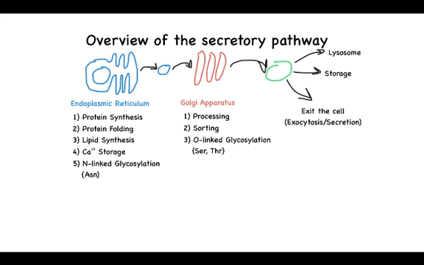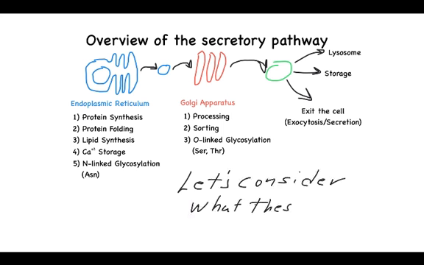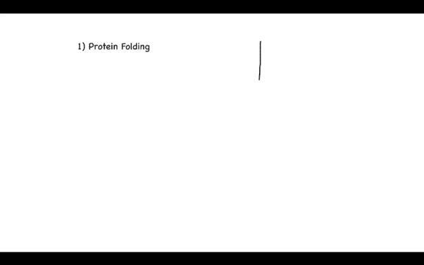Now, given these functions, these are all things that you could memorize, and it's good to know about them, but what's really interesting is what these facts actually mean and the implications they have for how the cell functions. And so what I'd like to do is walk you through some of that now. As I mentioned in my overview, one of the things that happens in the ER is that proteins that are entering the secretory pathway have to fold.